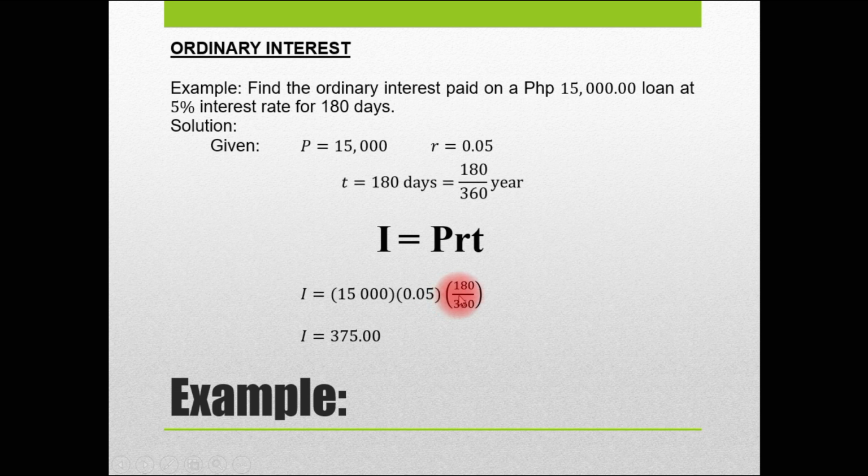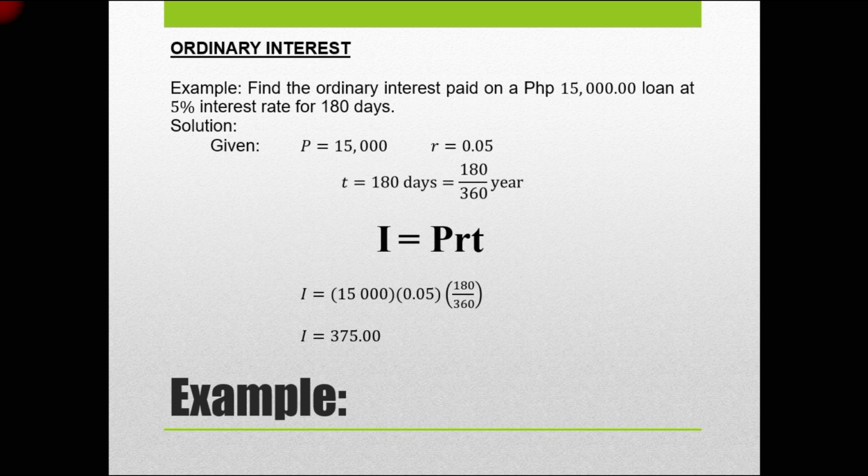And the time is 180 over 360. And we get 375 pesos. Therefore, the simple ordinary interest paid on a 15,000 pesos loan at 5% interest rate for 180 days is 375 pesos. Okay, that is for ordinary interest.